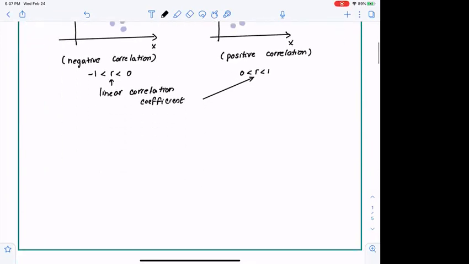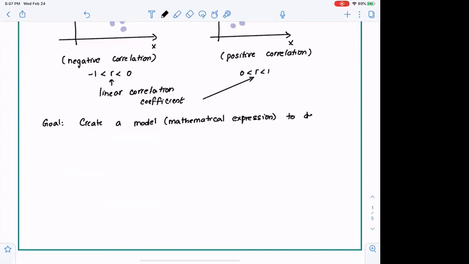So the goal here is to create a model to describe the relationship.